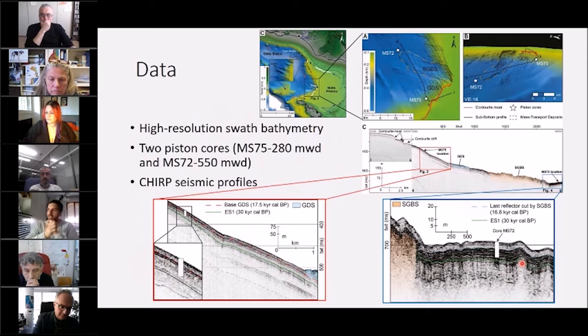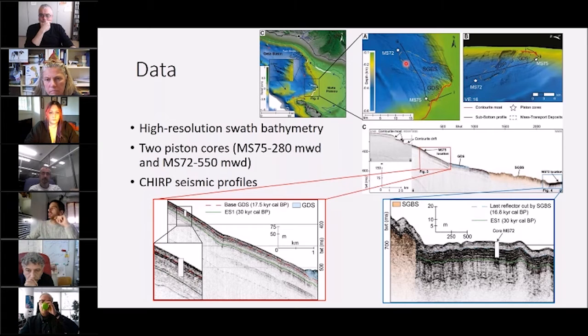The data we had access to were high resolution swath bathymetry, around 20 meters resolution, and we can see here the limits of this bathymetry. We had two piston cores which were recovered in 2005 but never opened before my PhD.